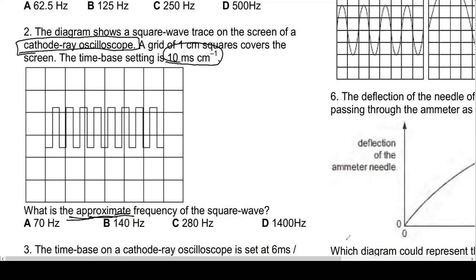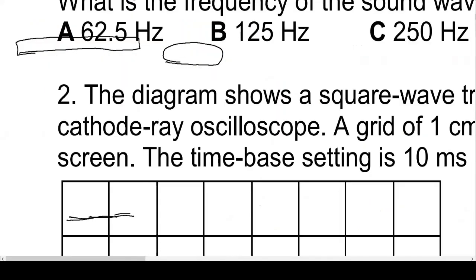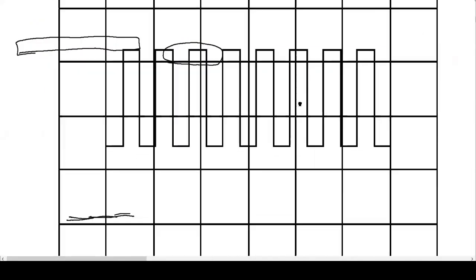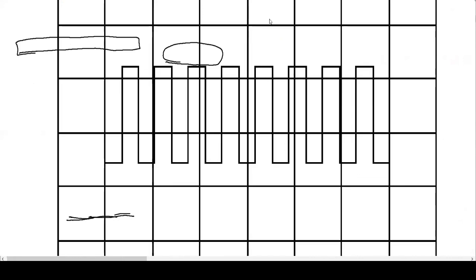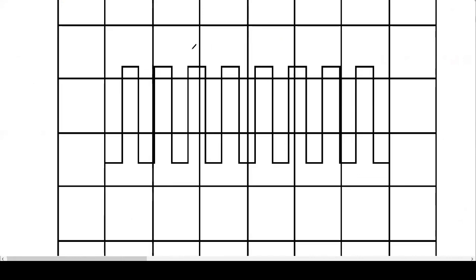Let's find the time period first. A grid of 1 centimeter, so one box is 1 centimeter square. This time period starts from here, then moves on here, and then again the same time period starts from this point and repeats itself. So from here to here we have one time period.